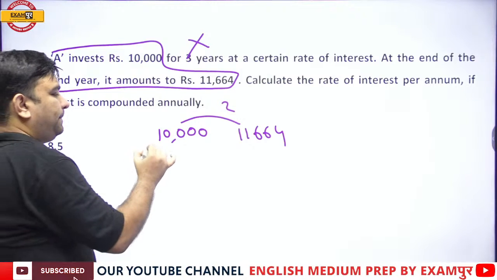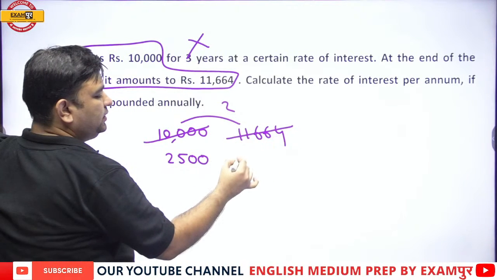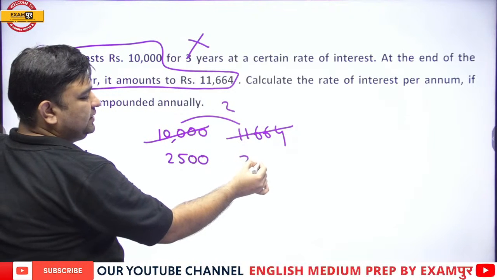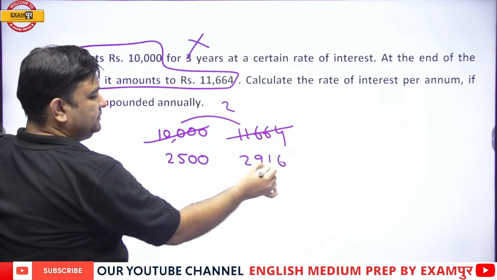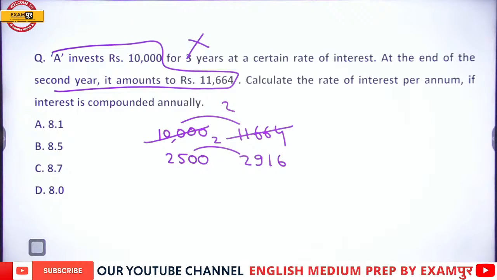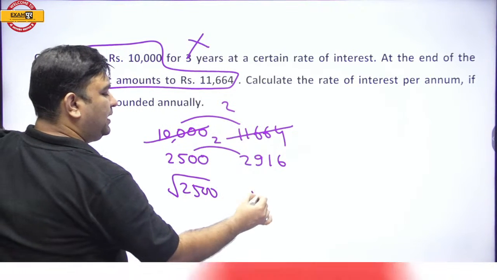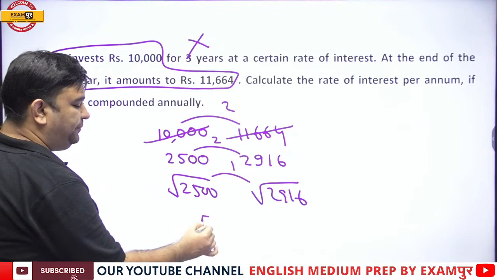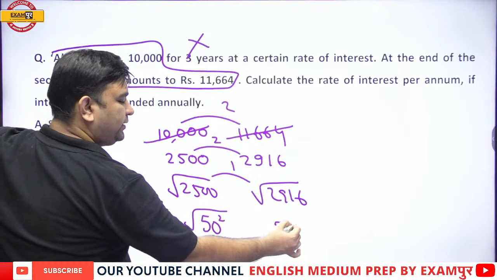Go for 4. 2500 becomes 4, 2 eights are 8. After 8, it's 36. 4 nines are 36. Then 16. 2500 becomes 2916 in 2 years. So under root of 2500 will become under root of 2916 in 1 year, which is 50 squared and this is 54 squared.